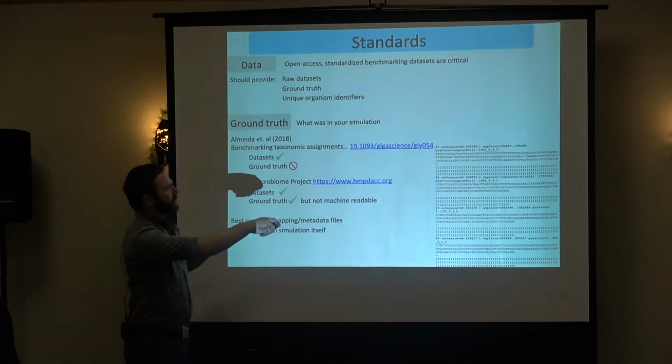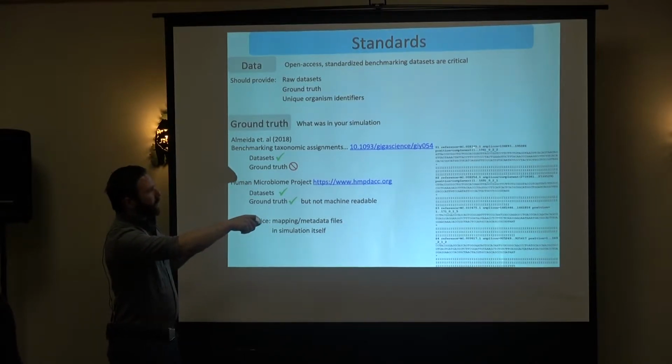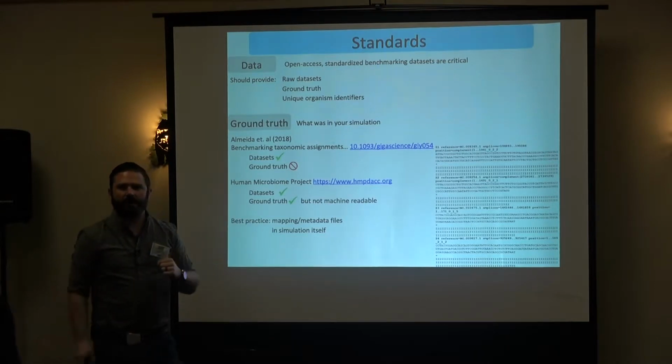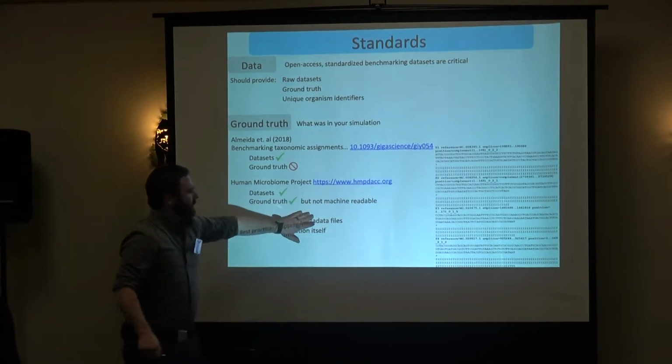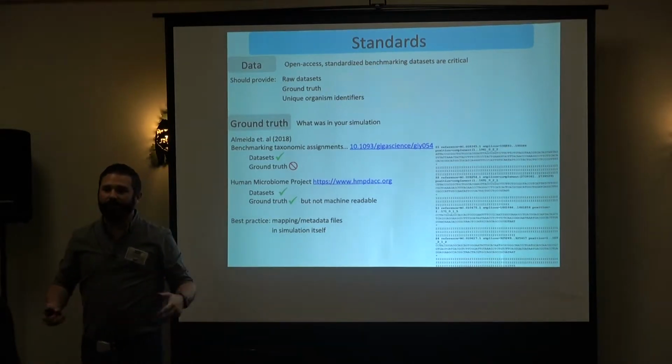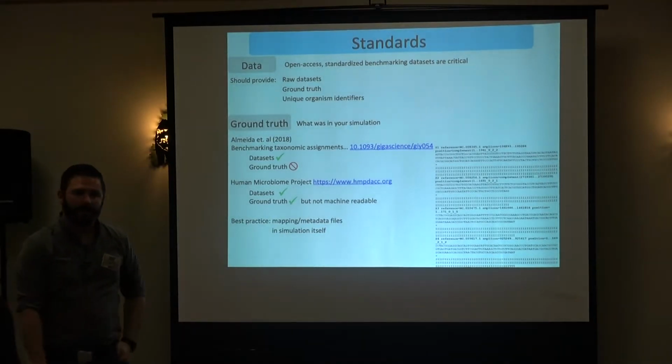So you might not be able to see it because the font size is so small, but here it tells you the reference was this particular organism, this particular part of the genome, et cetera. It'll make people's lives a lot easier, especially when the website goes down and these mapping metadata files are no longer available and you just have the raw data. You can still find it inside there.